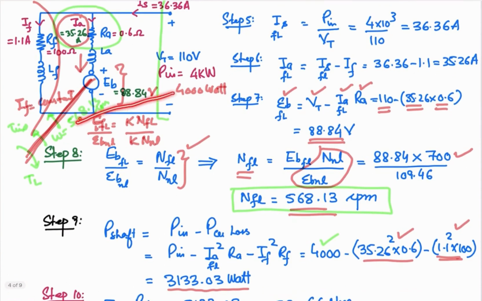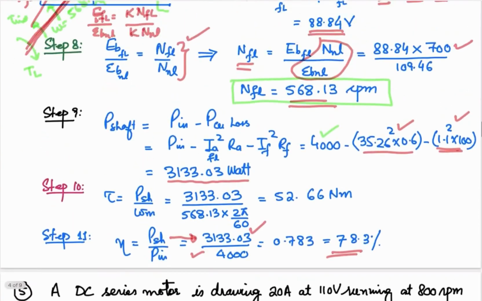So according to that, the power that is converted into the load is nearly 3100 watt. So 900 watt is basically lost in the armature and in the field winding, and of course it will be in the form of heat.